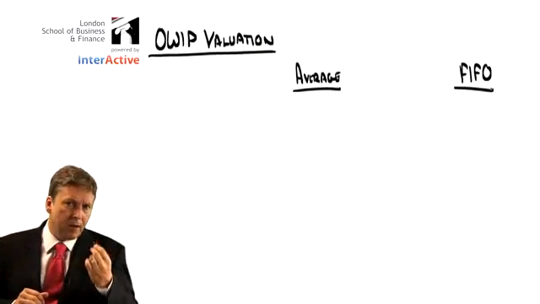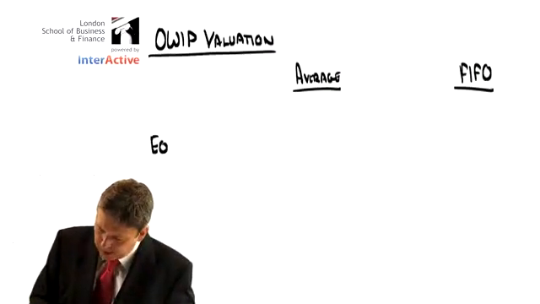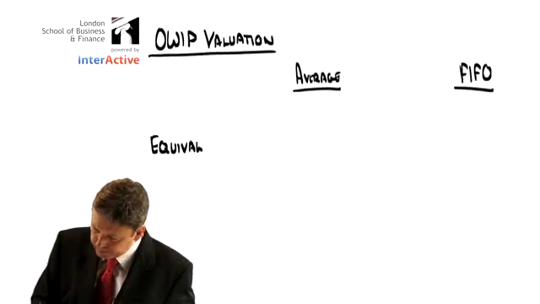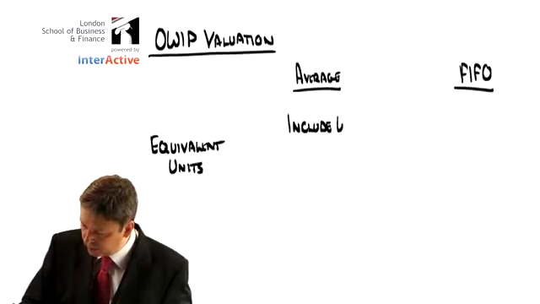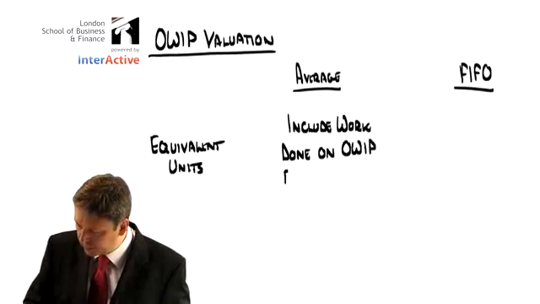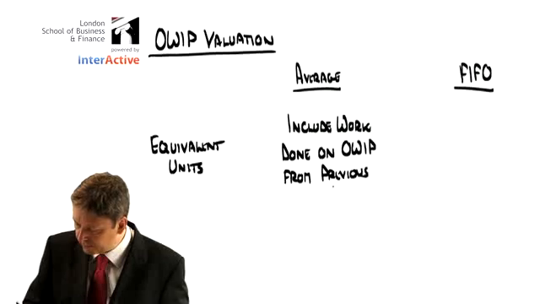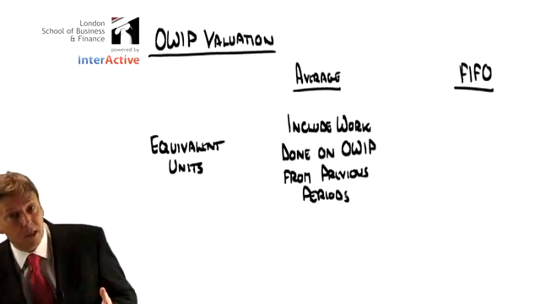So all we have to remember is this. When we look at our equivalent units, we include work done on OWIP from previous periods. And all we have to do here is be consistent.